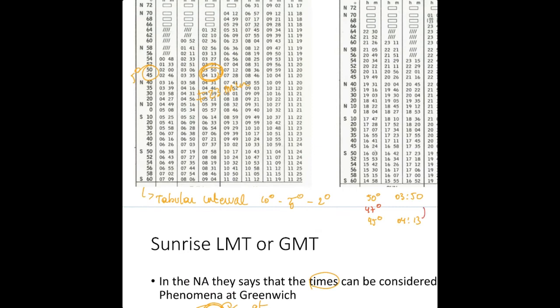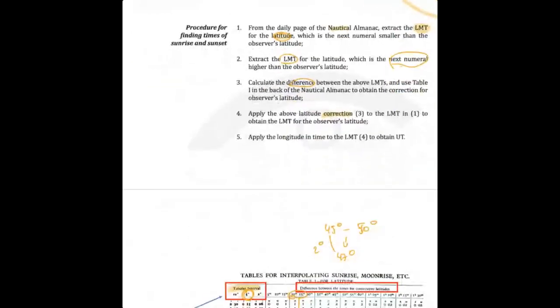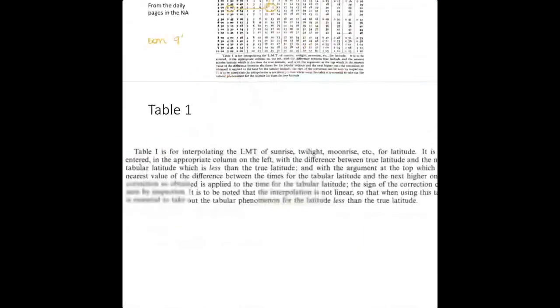So the correction that I obtained was 9 minutes, and I have to subtract that from this 4:13. So my sunrise at a latitude of 47 degrees on a specific date will be 0404. These are the corrections that you have to apply, this is the method for determining sunset. Here you can find some examples.